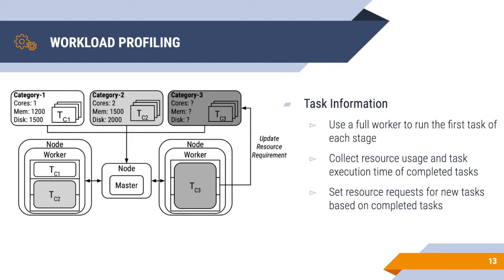Second, once the first task successfully completes, the Resource Monitor collects the task runtime information like the max resource request and the task execution time, and reports it back to Makeflow. Third, we can apply this information to tasks from the same stage and run multiple tasks inside 1 worker, and also use this information to estimate the resource request of the workload.